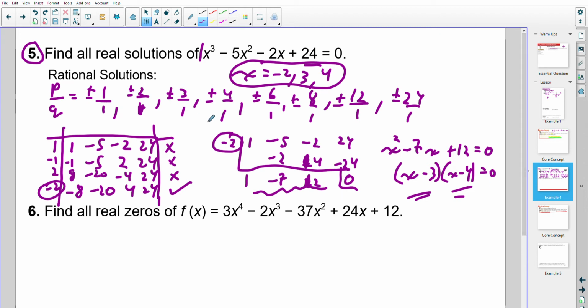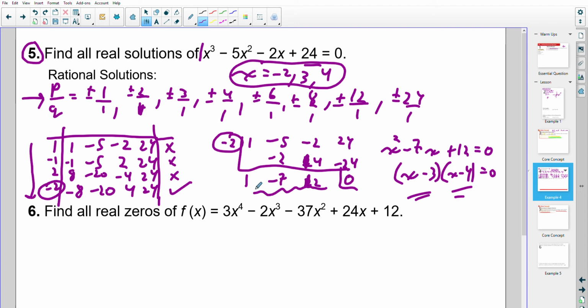Now, if the question says just list the rational solutions, the answer would be right here. You would stop at that point. If the question is find all real solutions, then you would go ahead and do these numbers, positive and negative 1, positive and negative 2. One of those is going to give you P over Q in the problems that I give you.